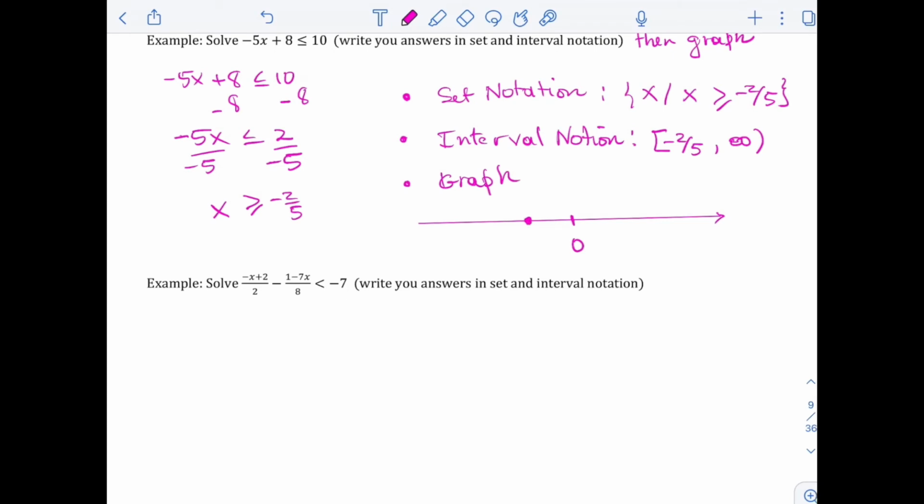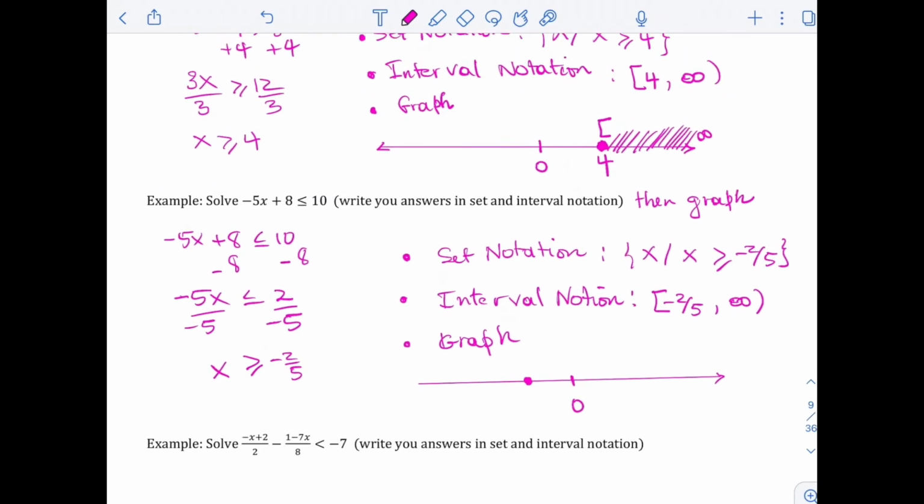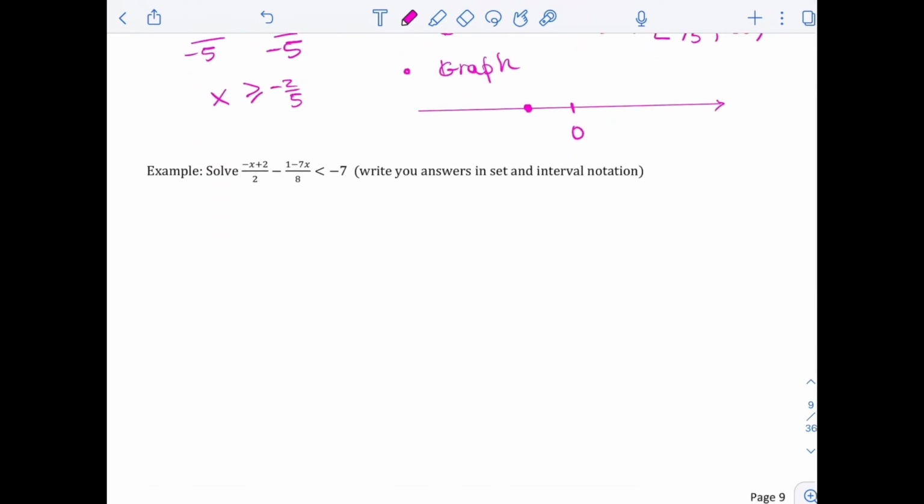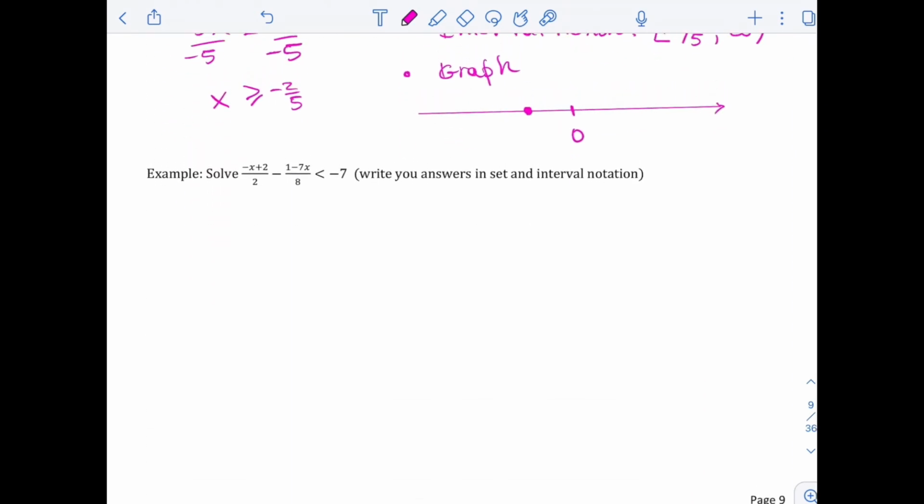It's a closed circle because it's greater than or equal, and the bracket looks to the right. It's either a bracket or a closed circle. And then negative 2/5, that's the number. And you shade the right side, because it's greater than the number.